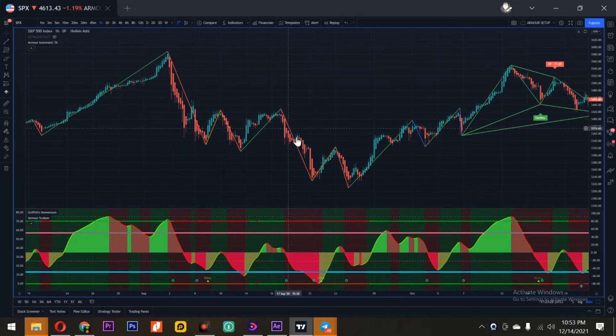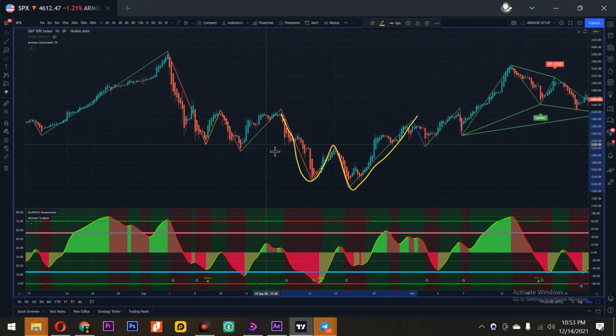So after the huge dump, we see a relief rally, and people are thinking from this point the market is going to bounce back, but it won't. Then we see another crash. It forms a double bottom, and then what happens? It forms a W. The best way to make profit from this entry price is this W here.